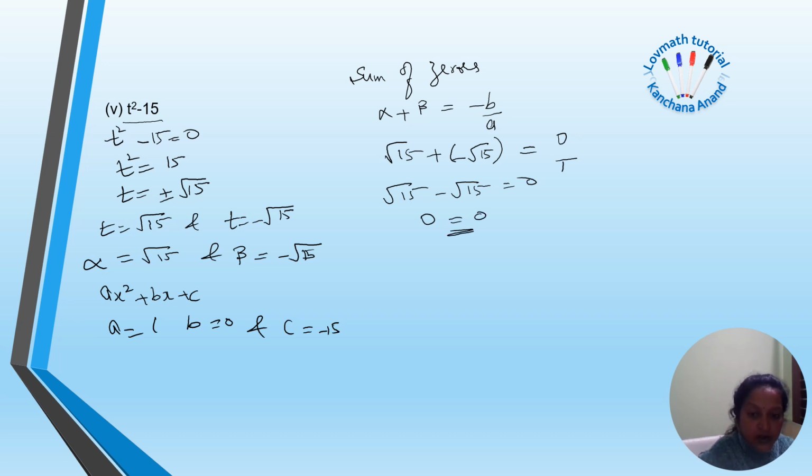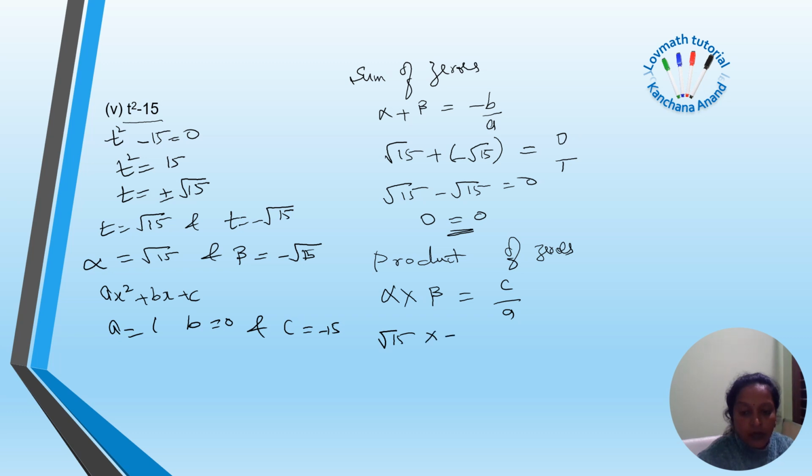Now let us verify the product of zeros. Here alpha into beta is equal to c divided by a. Alpha is root 15 into minus root 15 is equal to c is minus 15 divided by a.